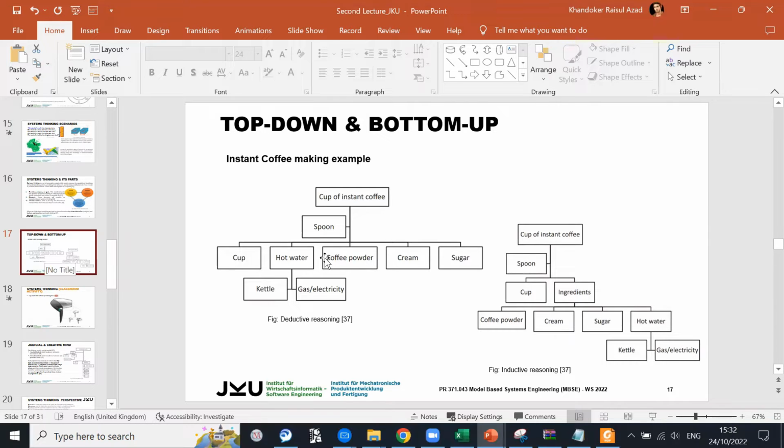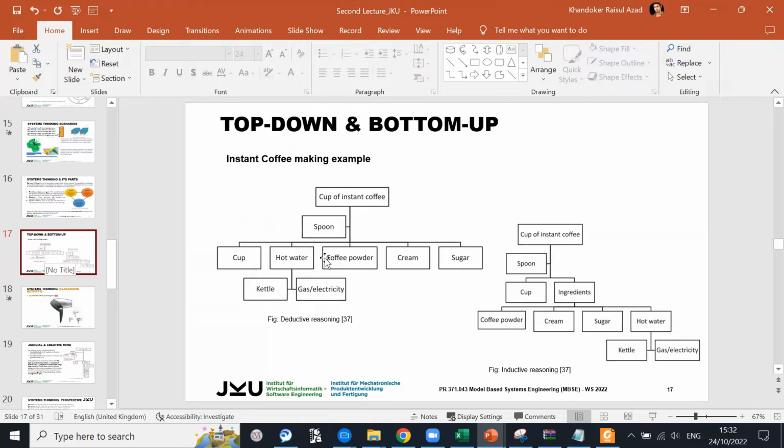So did you actually understand this slide? It is pretty simple, but there are some key points. You see, a cup of instant coffee. If you have a packet of instant coffee, how can you actually make this coffee? Did you understand why the spoon is not included here?